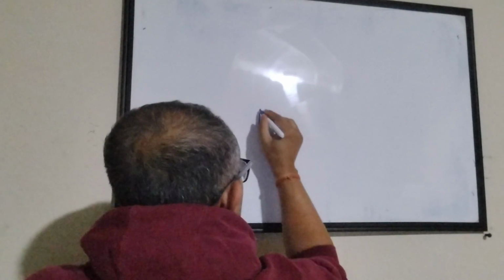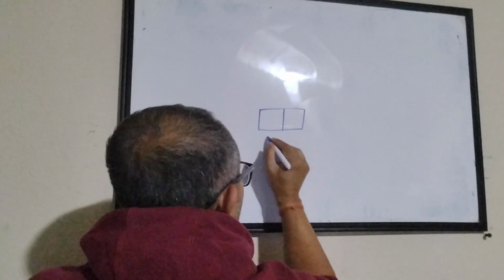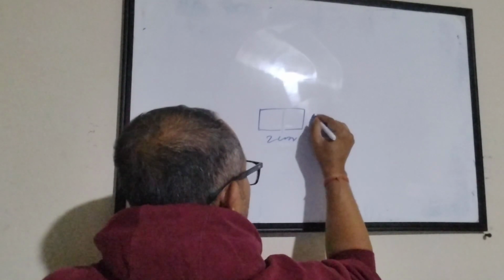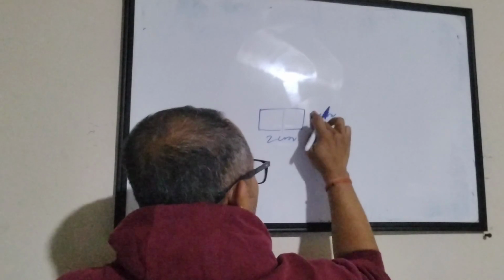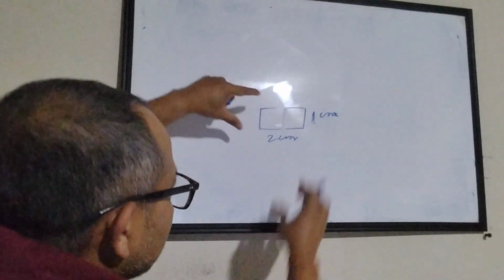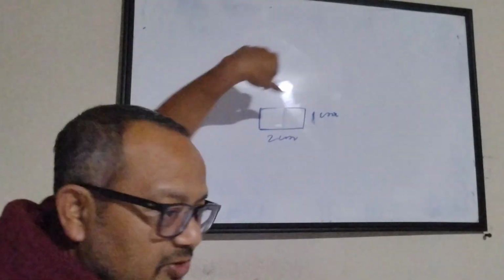So now you look at this, a rectangle, which is 2 centimeter in length and 1 centimeter in width. Now this is a rectangle, 2 centimeter length, 1 centimeter width.